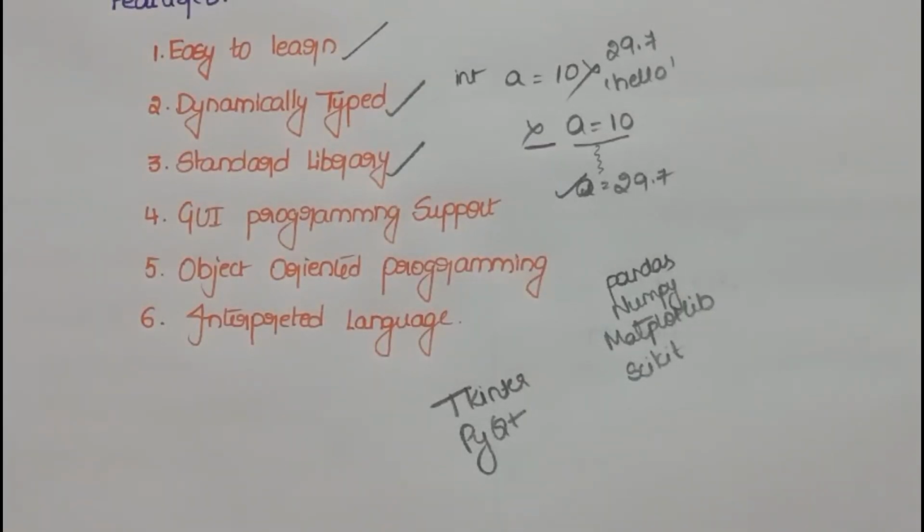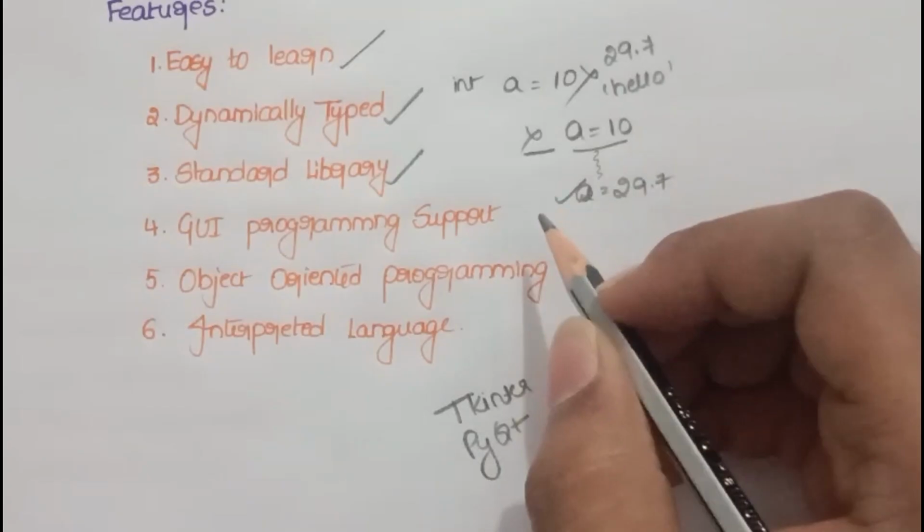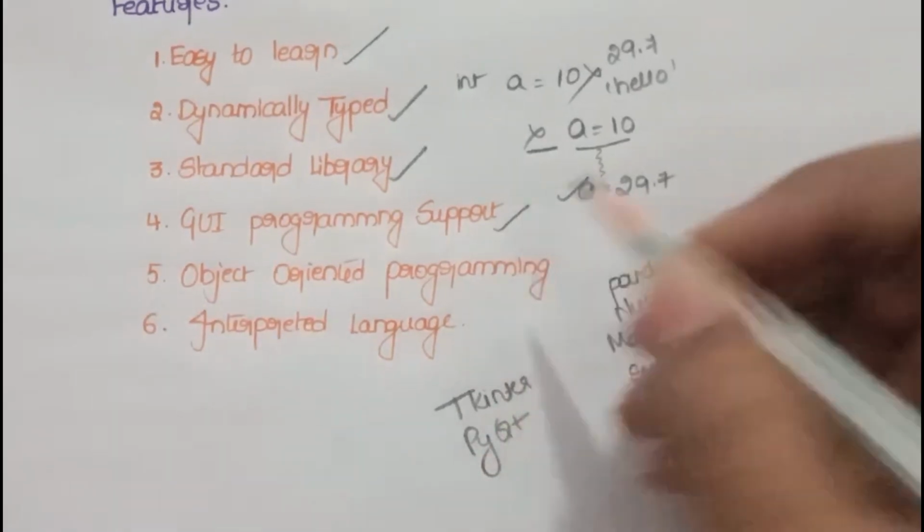These libraries support GUI programming, meaning they make user-friendly desktop applications. These libraries provide tools and widgets to build interactive cross-platform graphical user interfaces. That is the fourth important feature of Python.